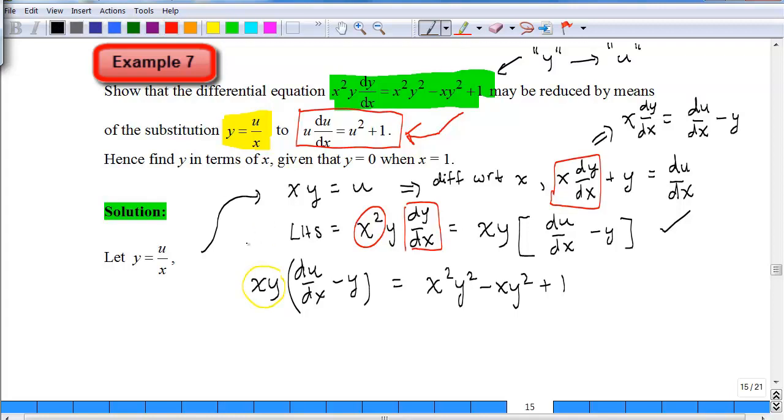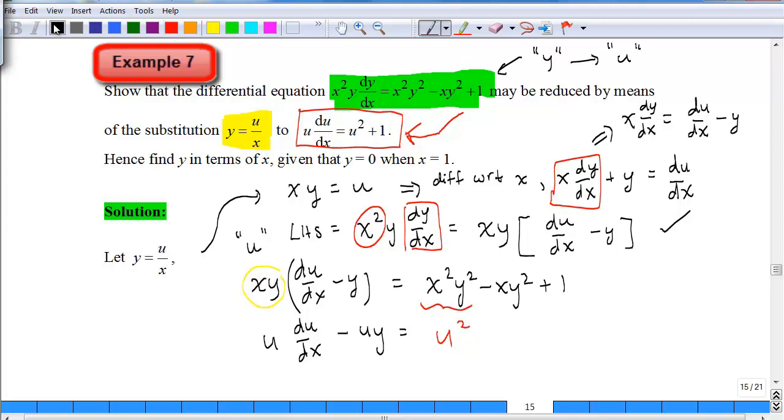So you will have u du dx minus uy equals to x squared y squared minus, and the x squared y squared over here is actually u squared.